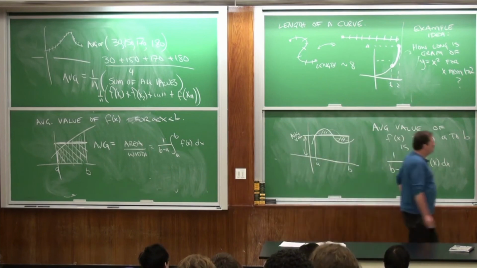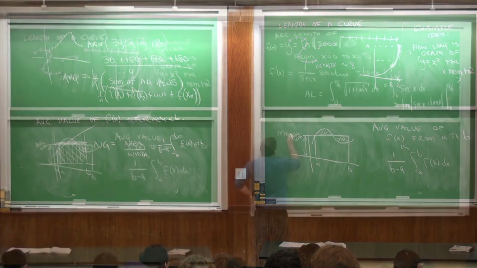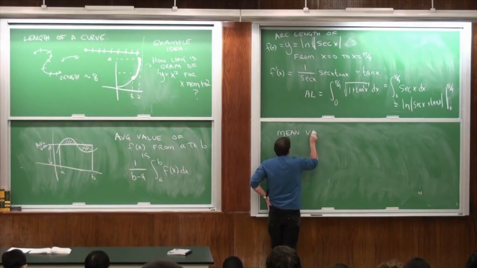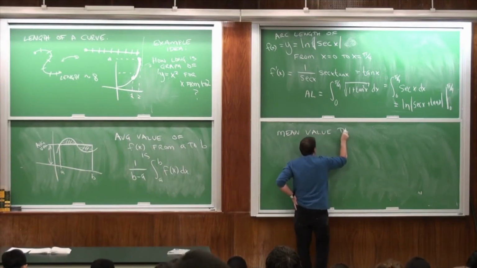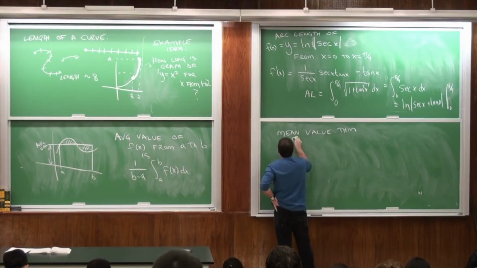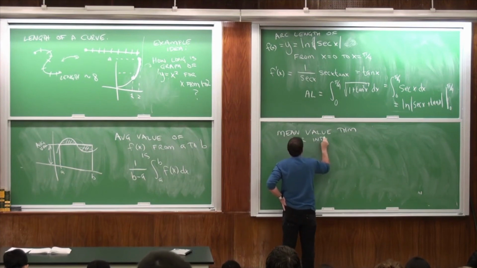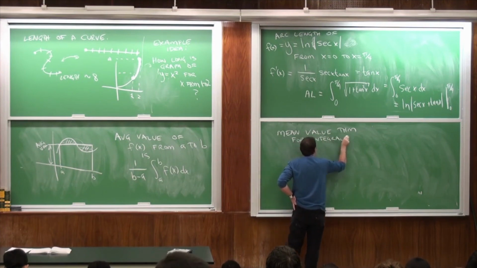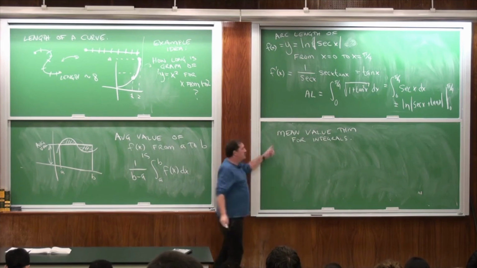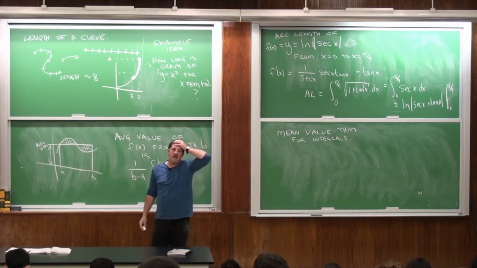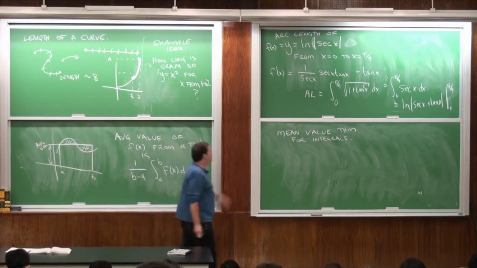Right? So this is the mean value theorem, mean in the sense of average, not mean in the sense of not nice.